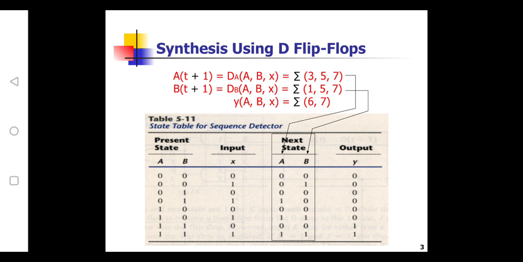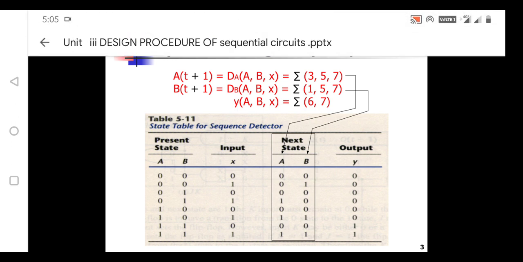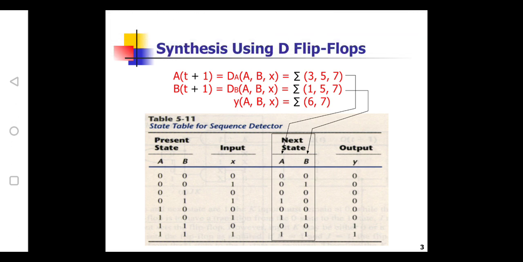Here they have asked us to design by using a D flip-flop. We know that the characteristic equation of a D flip-flop is Q(t+1) equals D. As there are two flip-flops, with inputs dA and dB, we need to compare the present state of A with the next state of A. In a D flip-flop, the output is equivalent to the input.